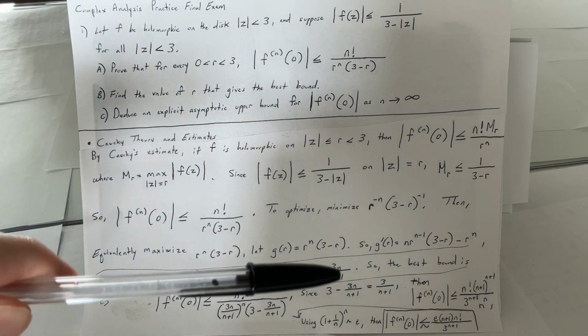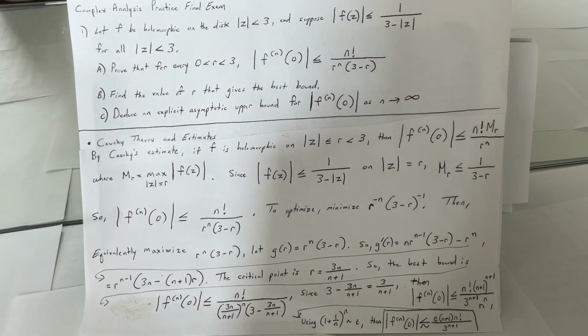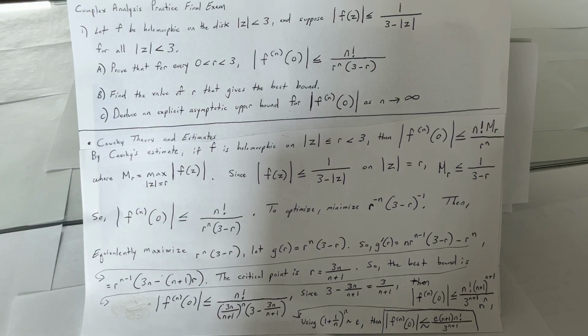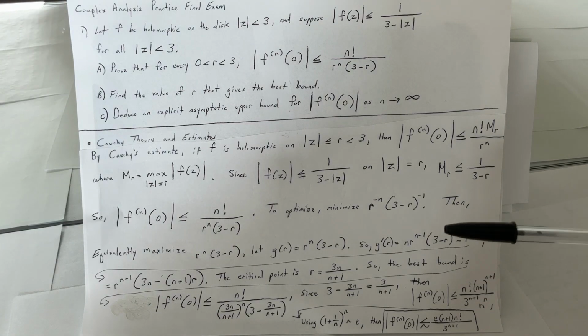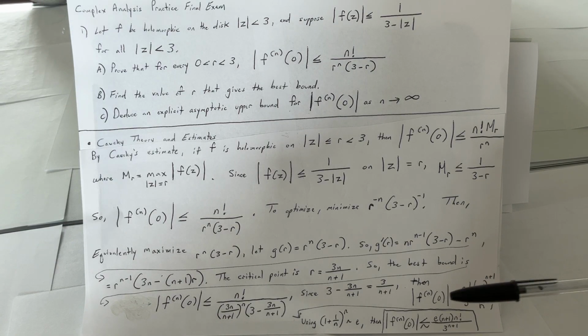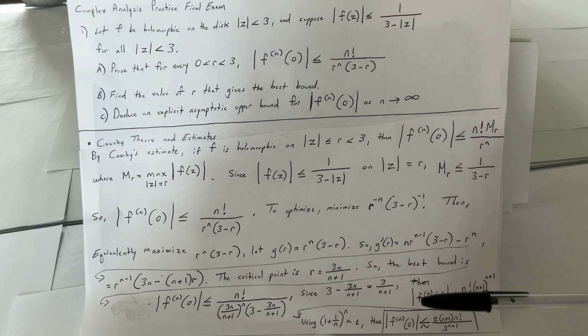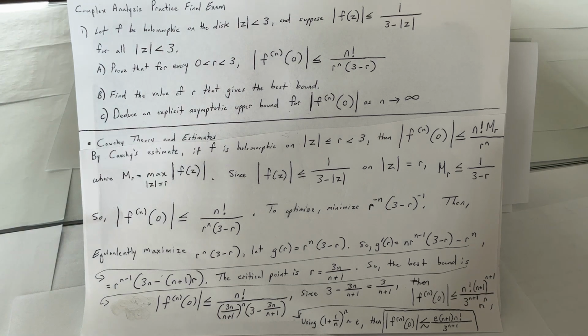And since 3 minus 3n over n plus 1 equals 3 over n plus 1, we could say modulus f^(n) of 0 is less than or equal to n factorial times (n plus 1) over 3 to the n plus 1, times (n plus 1 over n) to the n. And some might acknowledge this as the nth derivative, if you want to acknowledge it like that.